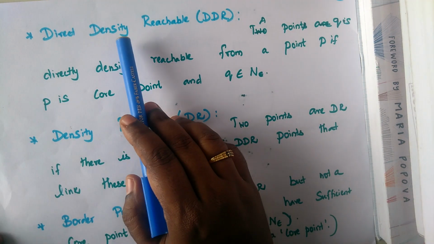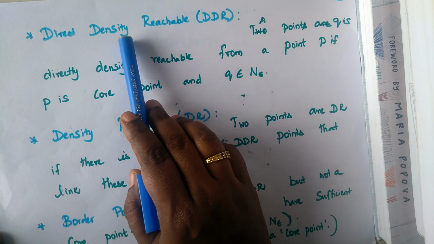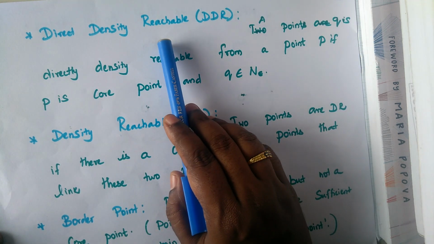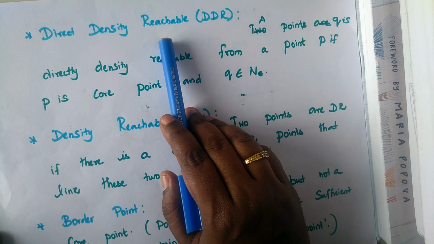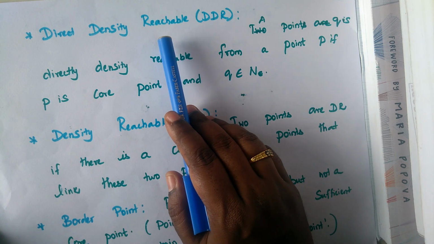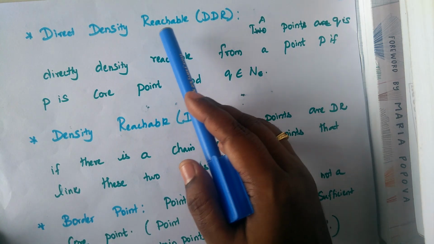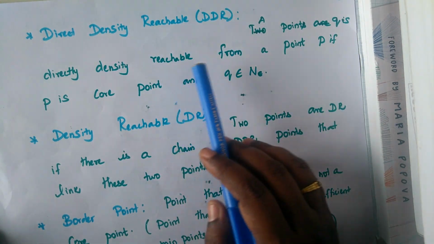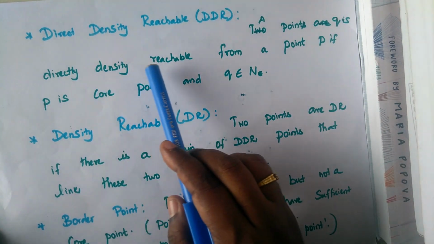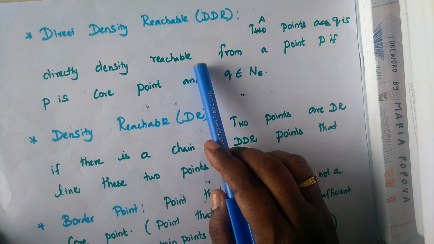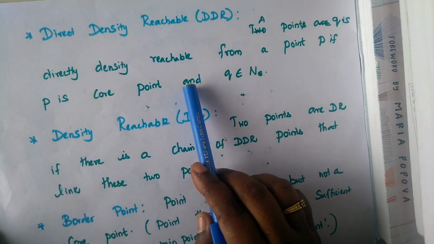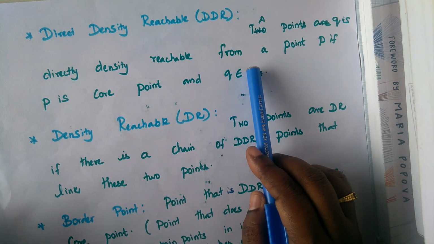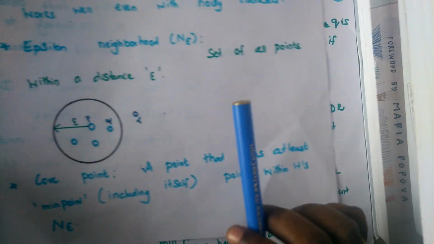After having located the core point, we now need to find the linked points. There are two types of data points that can be identified as linked to the core point. One is the directly density reachable point, the DDR point. A point Q is directly density reachable from a point P if P is a core point and Q belongs to the epsilon neighborhood. Let's understand using this figure.